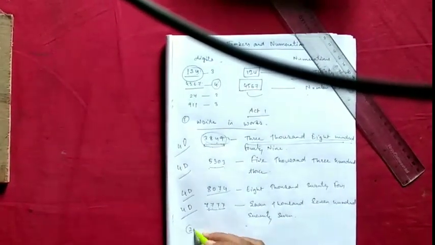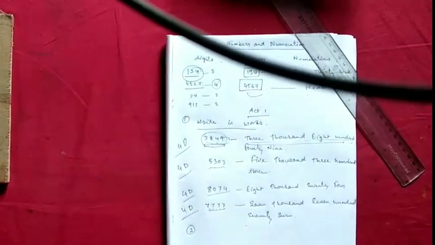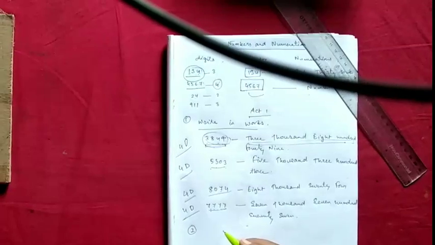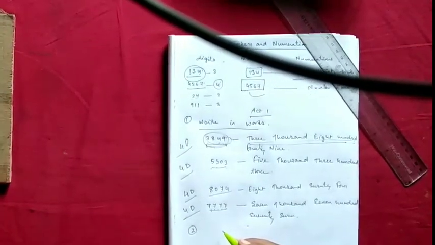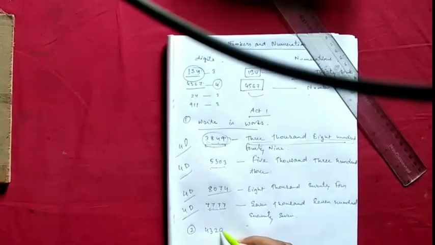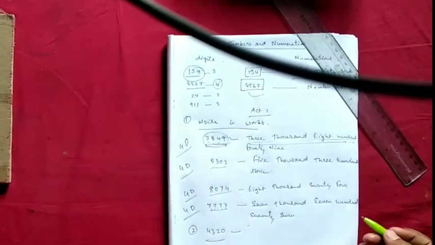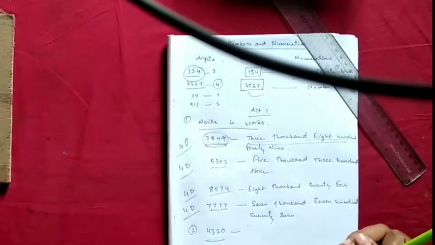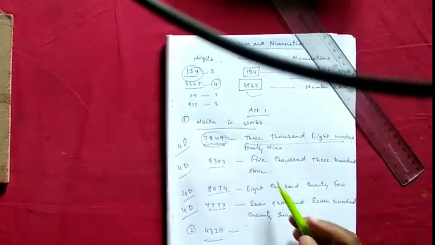Okay. Next one, number 2, is write the number name. 4,320. The same thing, you have to write it in number name. Number name is what? Same thing, number name, words.